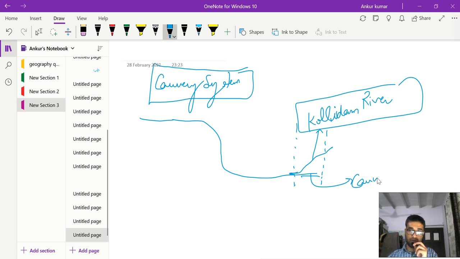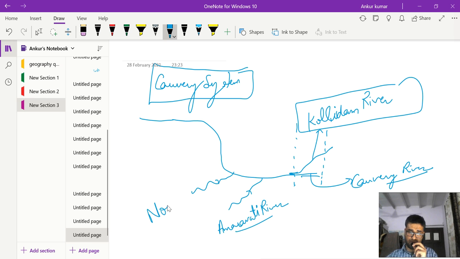This is Kaveri, right? This is the Amravati River, right? This is Noil River, right?